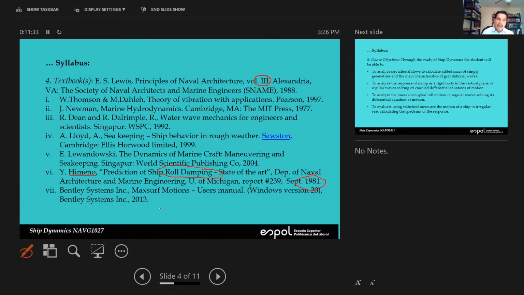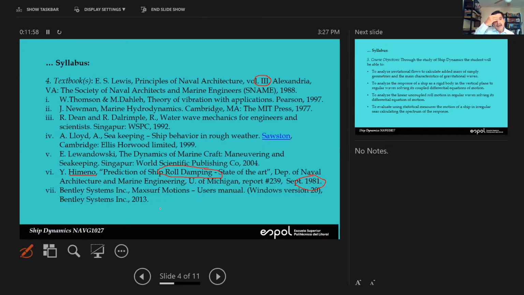So at the beginning of each chapter, 3 and 4, we will be doing some calculations considering very simple forms, barges, okay, box barges. But when we try to analyze real ships, in that case, it would take too long to do the calculations.